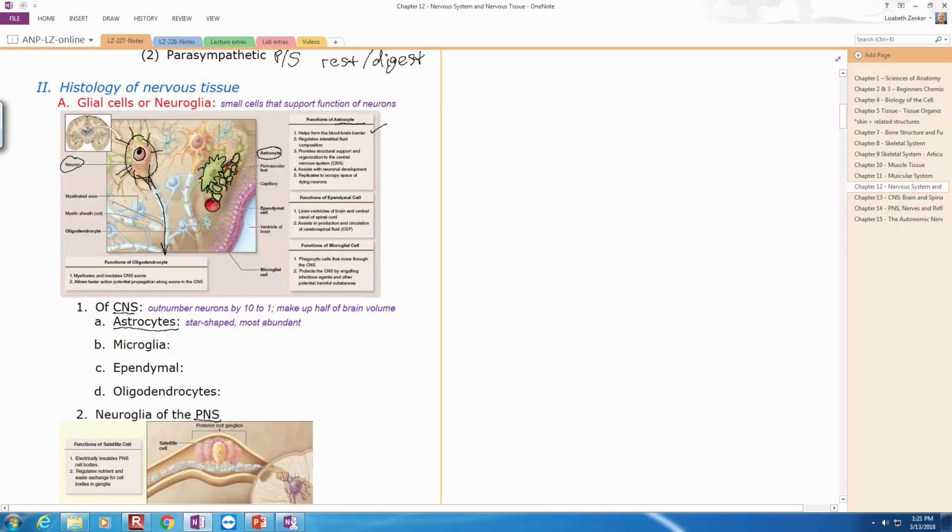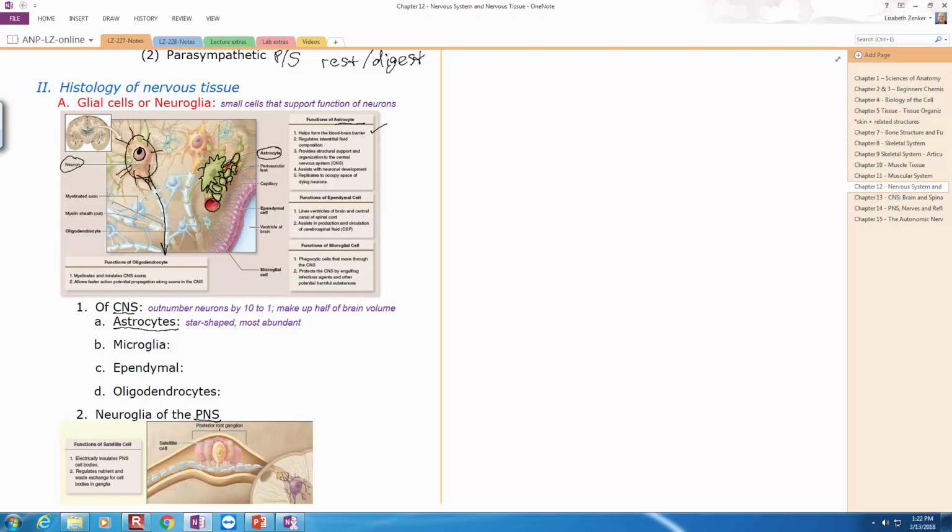So basically it helps form the blood-brain barrier. It has these projections, like little foot pods, surrounding the whole capillary so that things that are too big can't come out of the capillary. Only small things like nutrients will be able to seep out of the capillary into the brain, but larger things would not pass through, and the astrocyte helps make that blood-brain barrier.